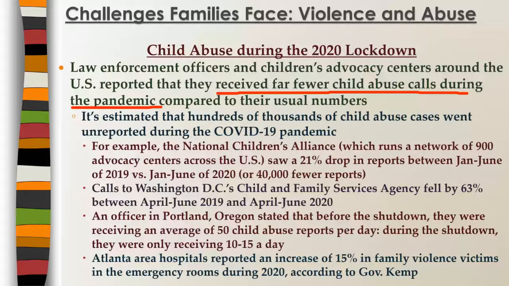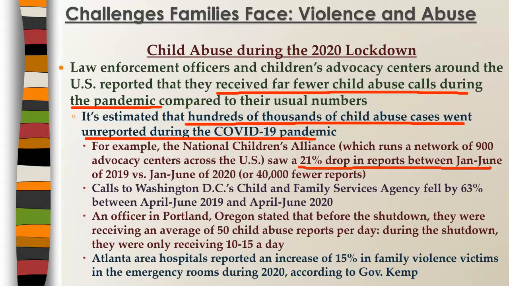The National Children's Alliance runs a network of 900 advocacy centers across the country. They saw a 21% drop in reports between January and June 2019 versus 2020, 40,000 fewer reports. Calls to Washington, D.C.'s Child and Family Services Agency fell by 63% between April and June 2019 and 2020.